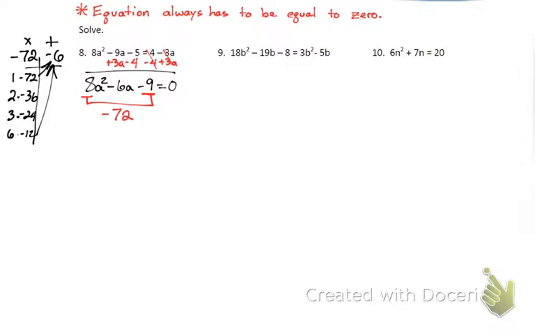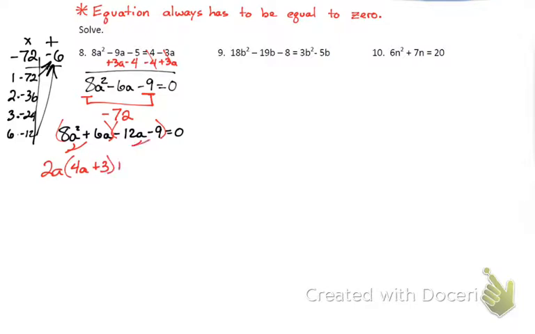Alright, so we're going to rewrite 8a squared plus 6a minus 12a minus 9 equals 0. I am going to group factor. First group, I'm going to take out a 2a, leaving me with 4a plus 3.